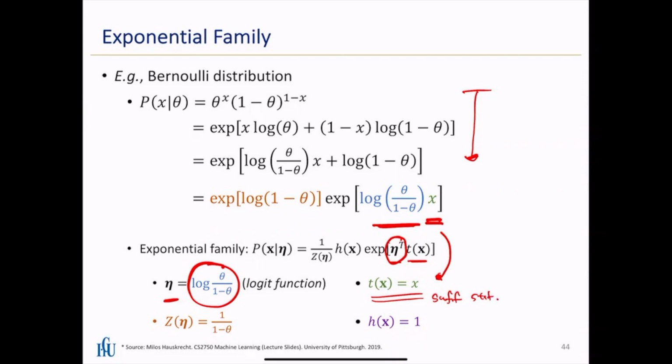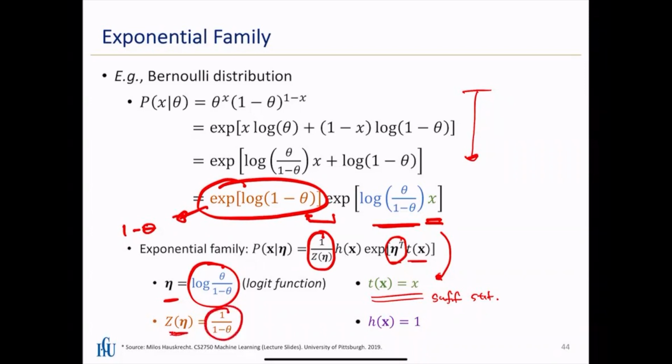And on the other hand, in front of the exponent, we have exponent log 1 minus zeta, that is equivalent to simply 1 minus zeta. And this position was for 1/g(eta). So we can say g(eta) is 1/(1 minus zeta).